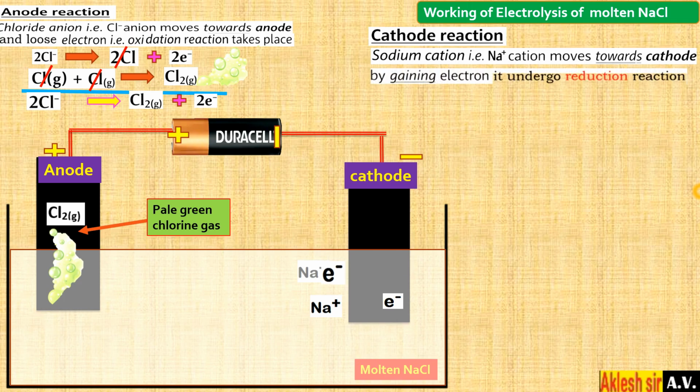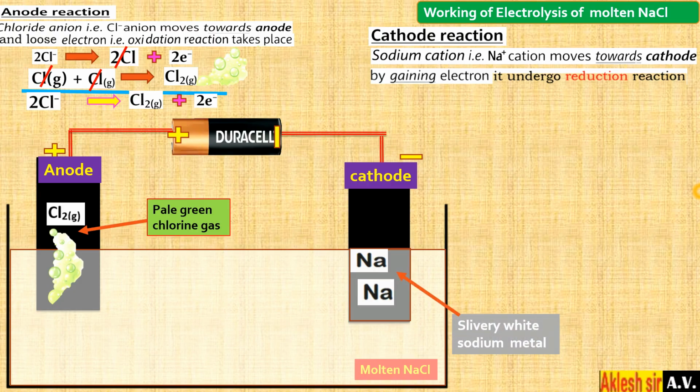Each Na+ ion that reaches the cathode accepts an electron from the cathode end and reduces to metallic sodium. Sodium atoms get deposited at the cathode, forming a molten silvery white layer of sodium. Here 2 sodium cations accept 2 electrons to form silvery gray sodium atoms.